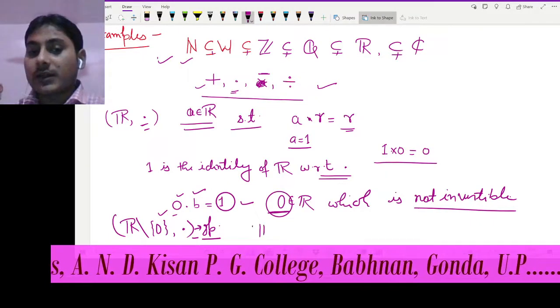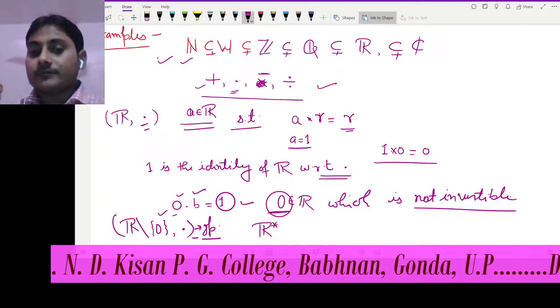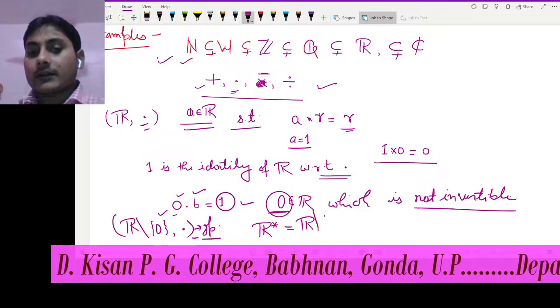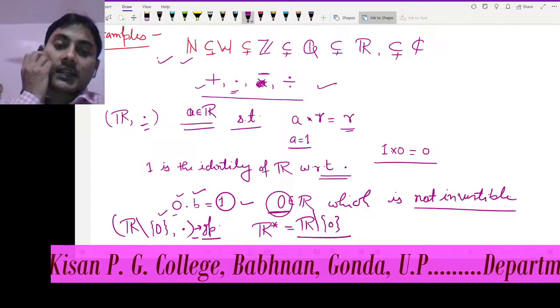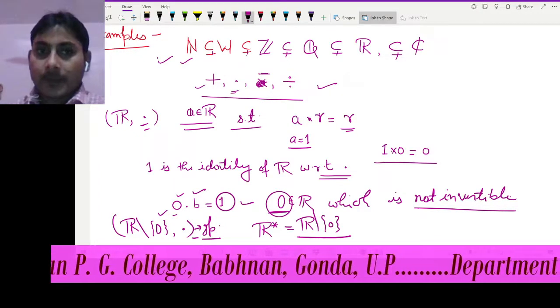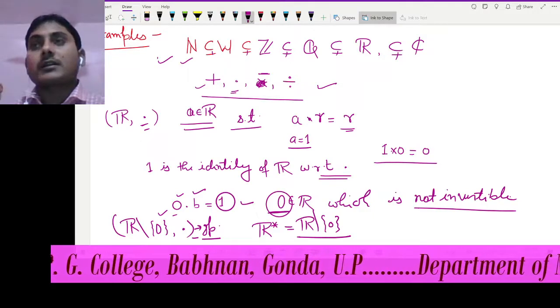People denote it by R star also. R star means R minus singleton 0. So this particular collection is a group.